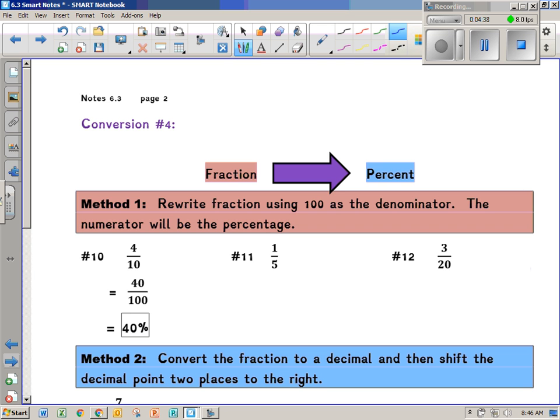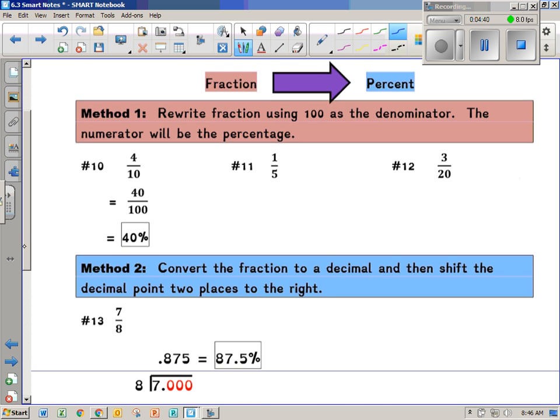It's a little tougher to go from fraction to percent. There's a couple of methods, and the first one is really only convenient sometimes. So if you choose to do just one of these, I'd go with method number 2. It works all the time. This one up here, I guess it could work, but it's very inconvenient sometimes.